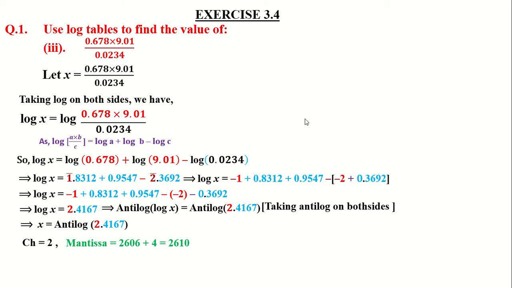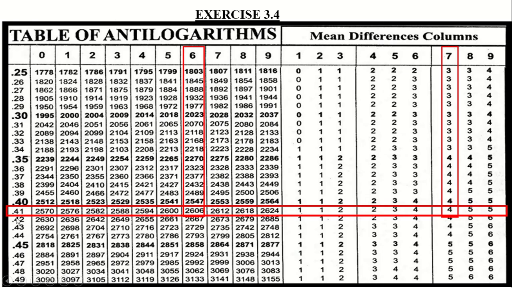Considering in the antilog table here 0.41, first in the column of 6 it is 2606 and in the column of 7 it is 4. So these two values are added up for overall mantissa of antilogarithms.